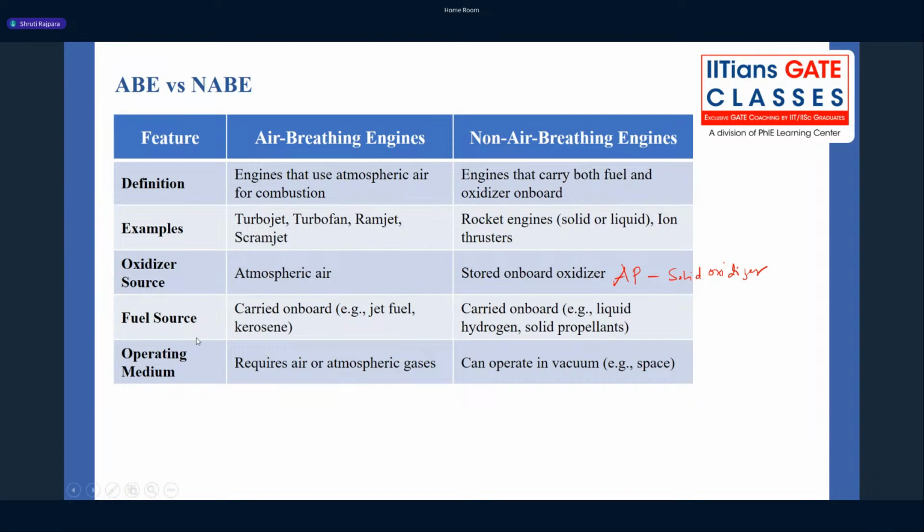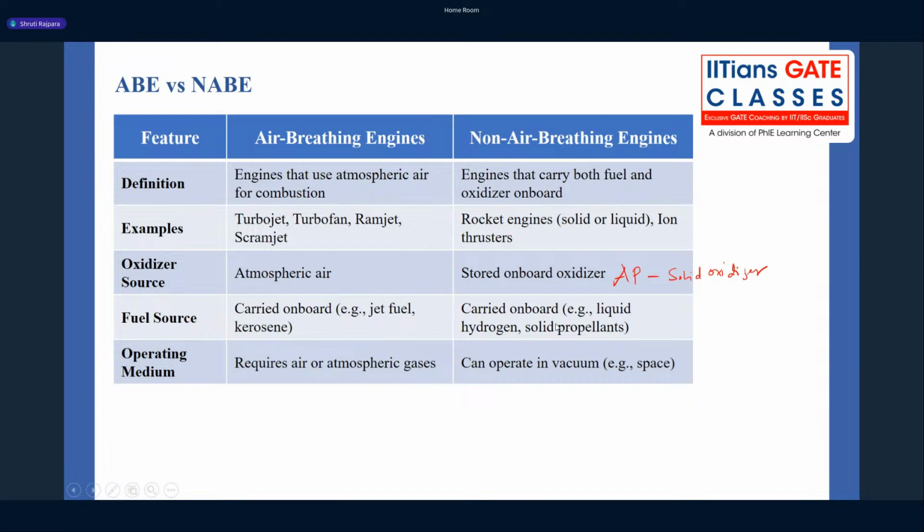Now, the fuel source for an air breathing engine: usually we use jet fuels or kerosene. They are basically types of kerosene only, like Jet A1 and RP1. Those are aviation fuels, which are carried on board. We carry the fuel, but we take in the oxygen from outside.